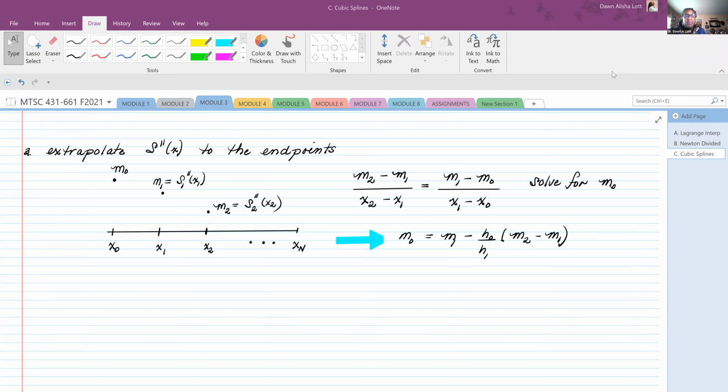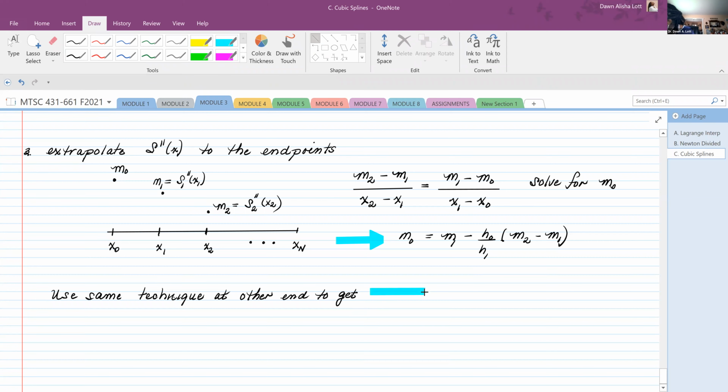Okay. And then if I'm at the other end, use the same technique at the other end to get M n is equal to M n minus 1 minus h n minus 1 over h n minus 2 times M n minus 1 minus M n minus 2.